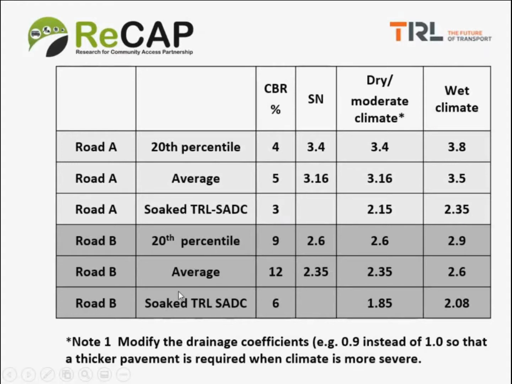For road B, again, the soak value is 6. And if you look in the chart, for dry moderate conditions, you require a structural number of 1.85 or 2.08 in the wet climate. And as you can see, compared with the Ashtone values, these are quite a lot lower.